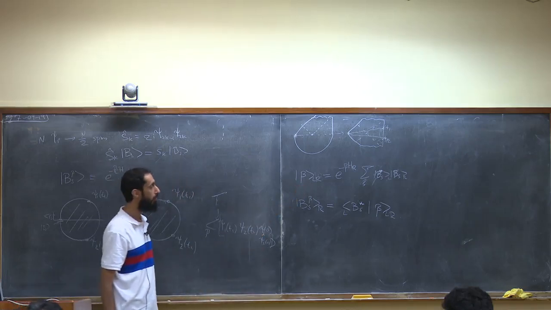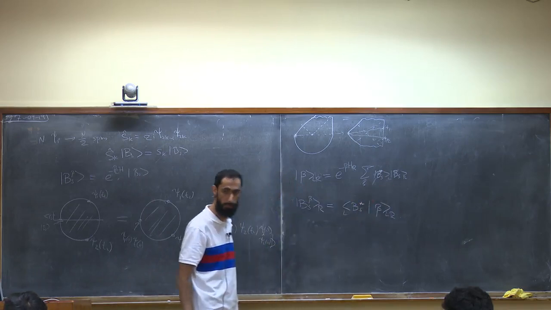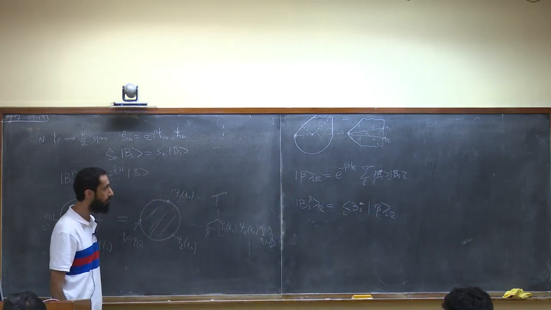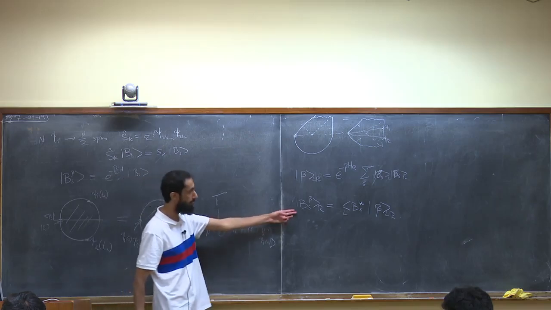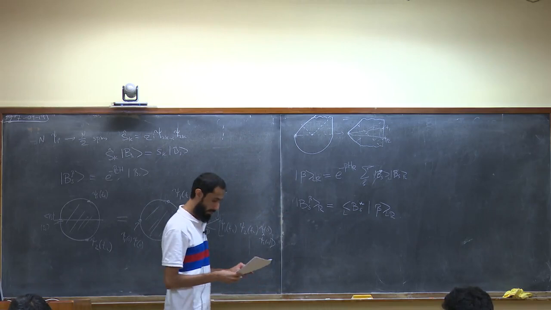Beta is the thermofield double, but I'm writing it in terms of the spin eigenstate basis. Then I can prepare these states by simply projecting with this s star.